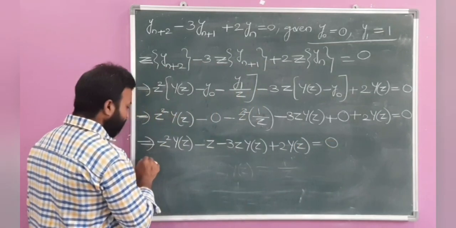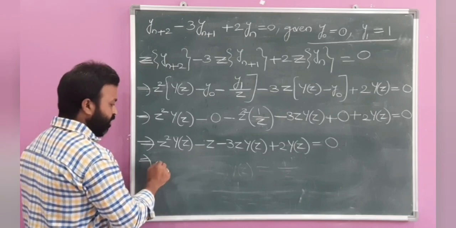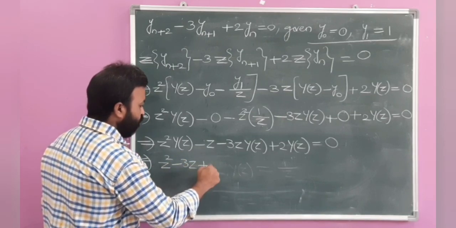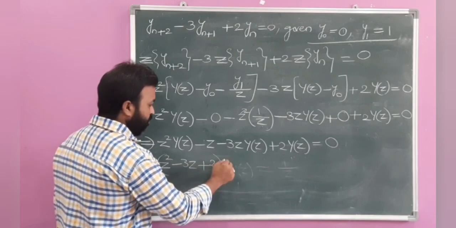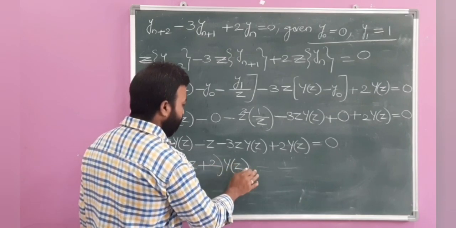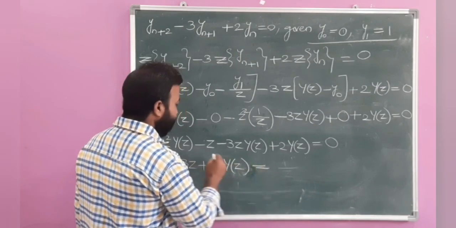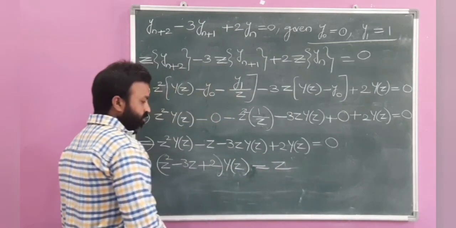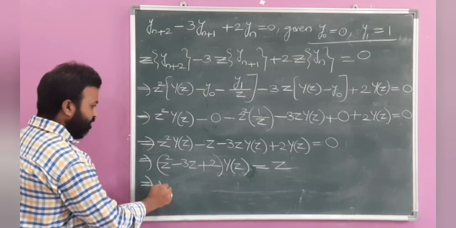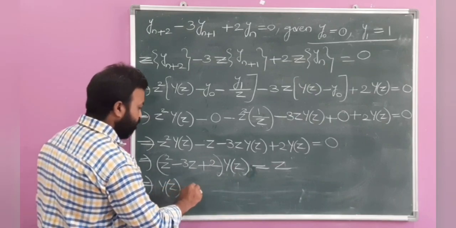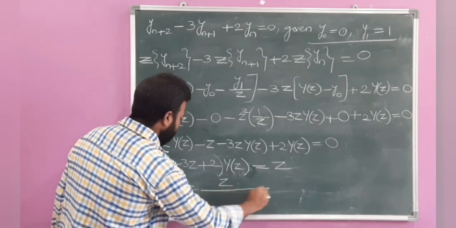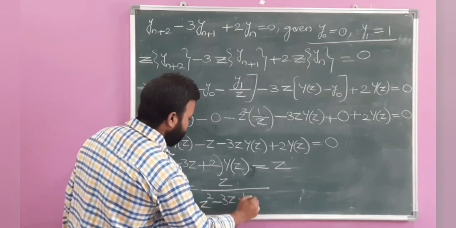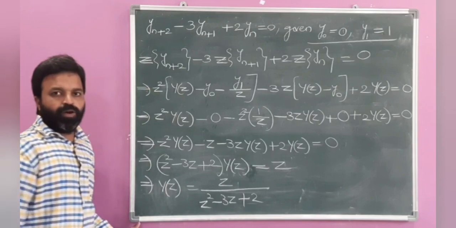So by taking Y(z) as common, we get z square minus 3z plus 2, this is the coefficient of Y(z), equal to, this minus z will become plus z on this side. So now Y(z) is z by z square minus 3z plus 2. So this is Y(z).